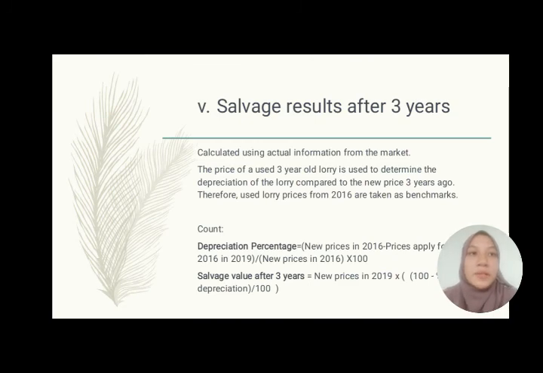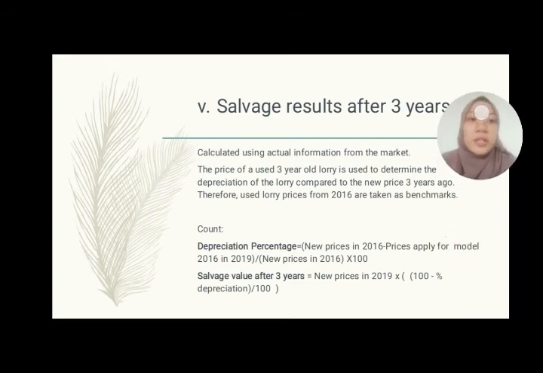Okay, this is the service result after 3 years. The calculation uses actual information from the market. The price of a 3-year-old lorry is used to determine the depreciation of the lorry compared to the new price 3 years ago. Therefore, the lorry price from 2016 is taken as a benchmark.